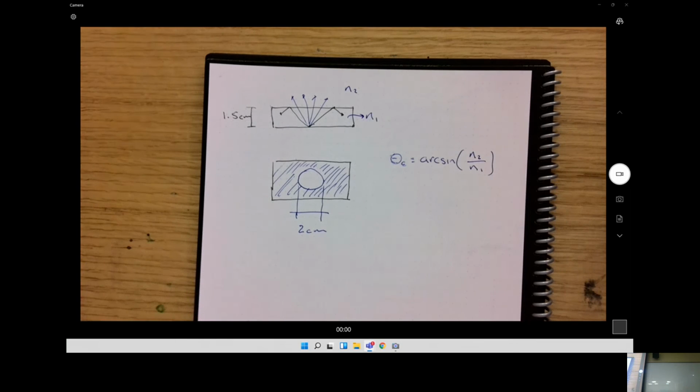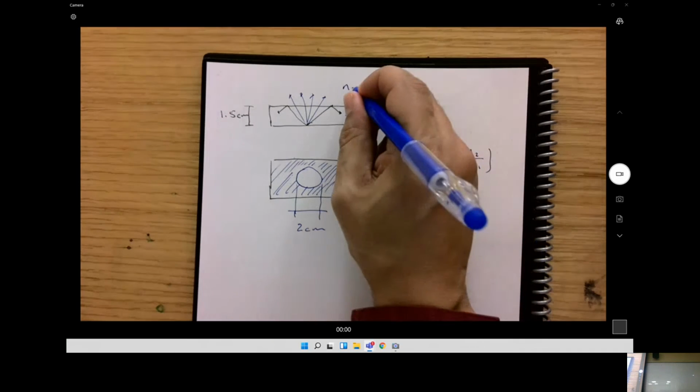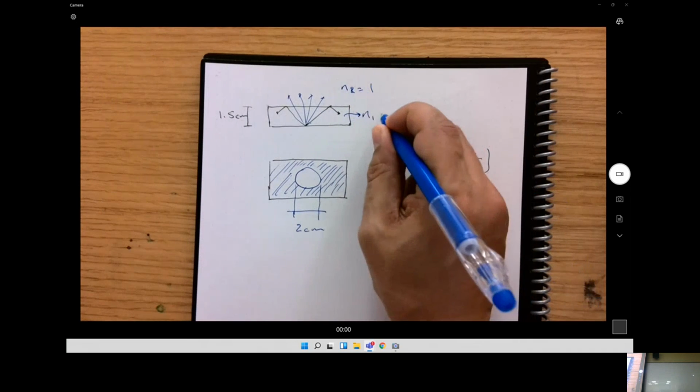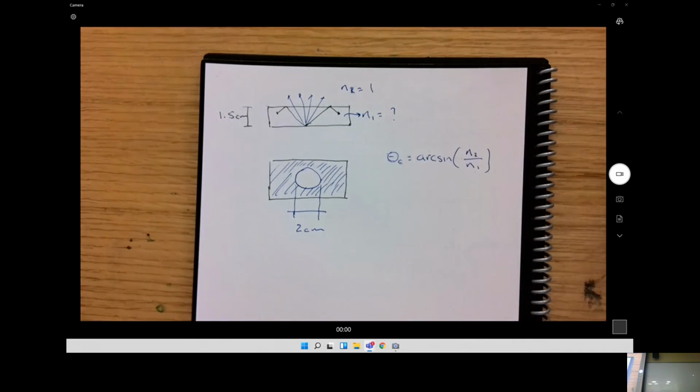Okay, so assume that N2 is air, and what we want to find out is N1. So give it a try and try to find out what is that N1.